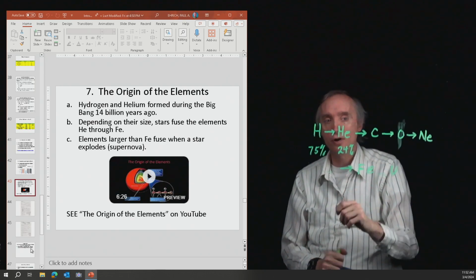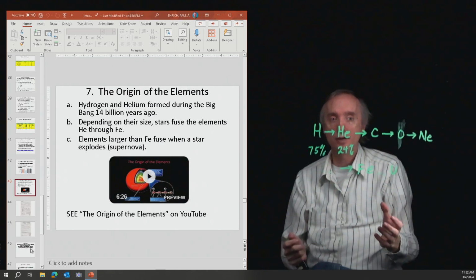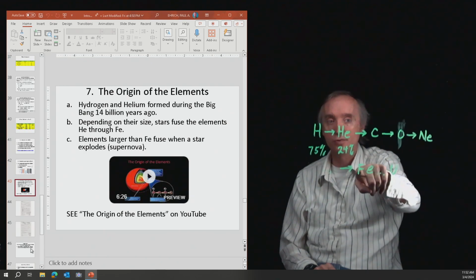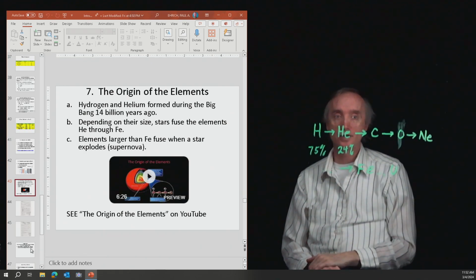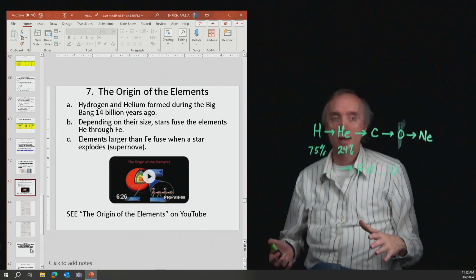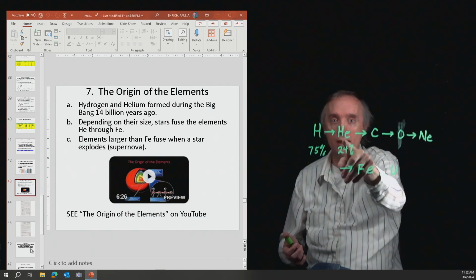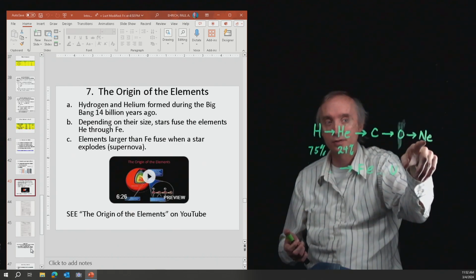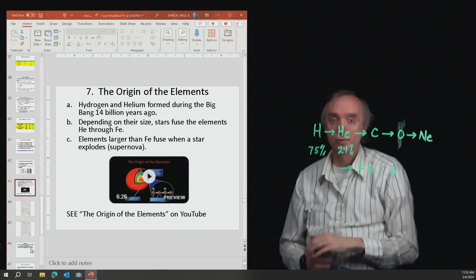But the supernova event gave off so much energy that it was able to actually fuse uranium and those heavier elements in the periodic table. So everything that you see around you today is either a result of the Big Bang, or stars during their normal process of living, or when a star explodes.